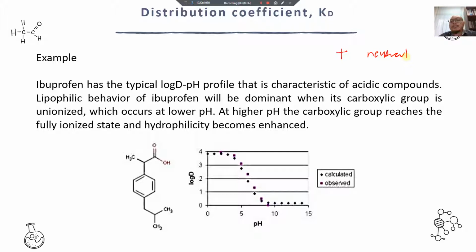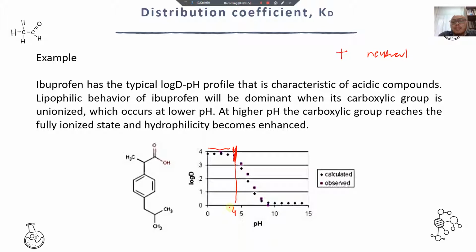For example, drugs. Drugs, when we consume them, can be ionized. So if you look over here, this is an example of one of the drugs, ibuprofen, which has the typical log D-pH profile that is characteristic of an acidic compound. You can see that ibuprofen is stable at pH lower than 4.